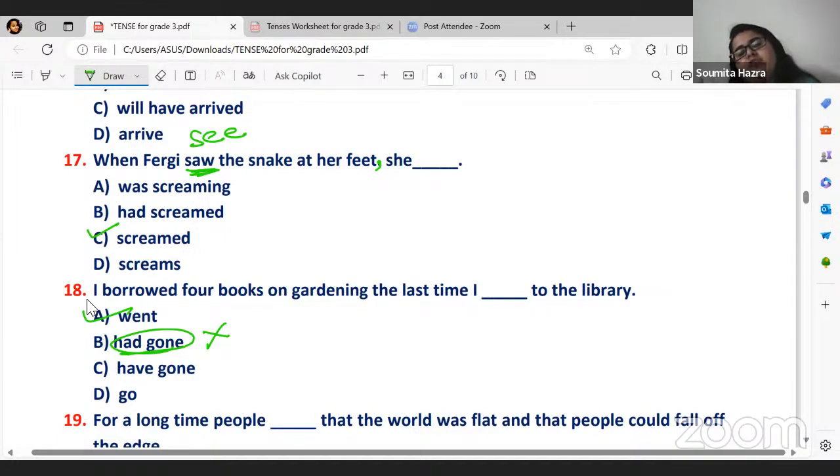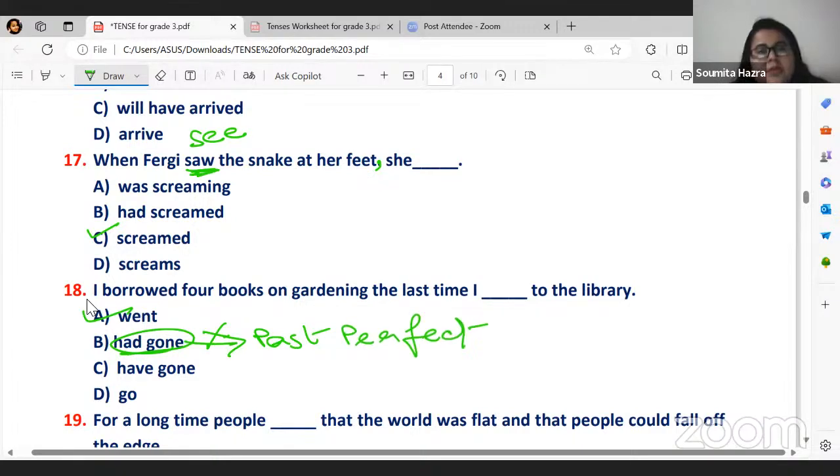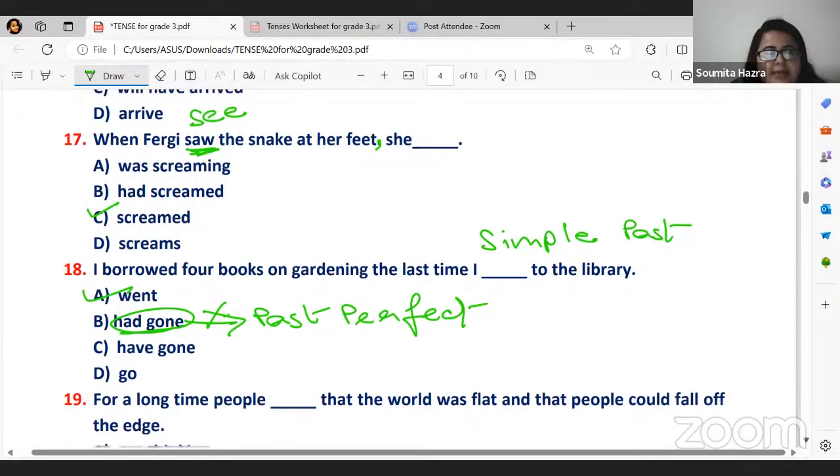I had gone is past perfect, and it will be used in a different situation. Here you are supposed to use simple past. Next one, number 19.